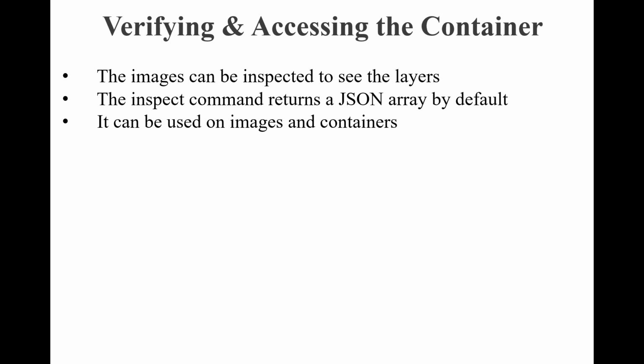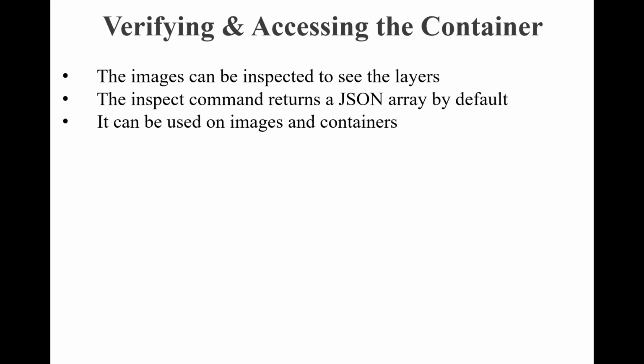So how do we know the complete information of the container? That means what IP address it is using, what net mask it is using, what internet gateway it is using, or what environment variables I have set up for it.